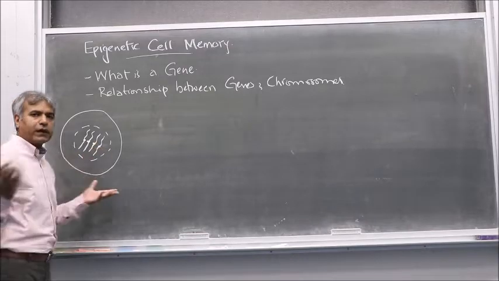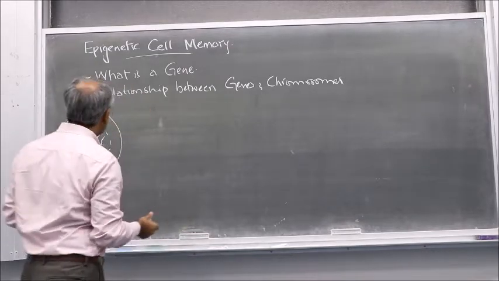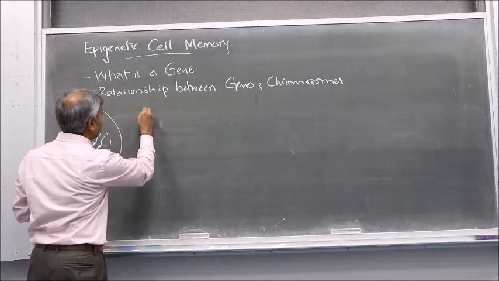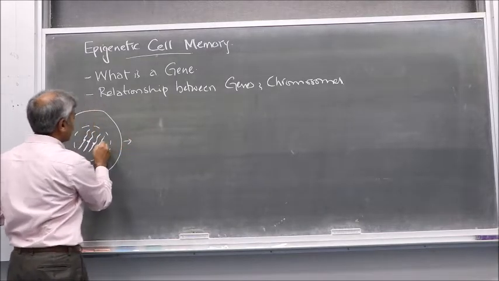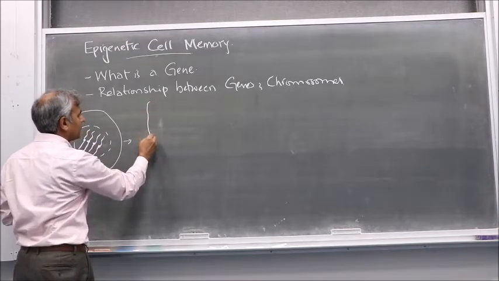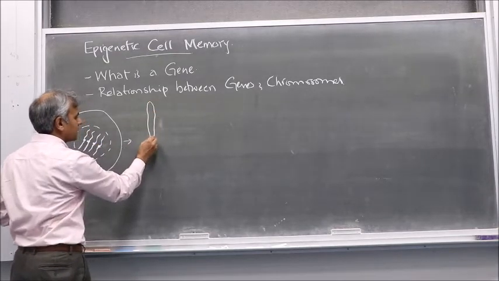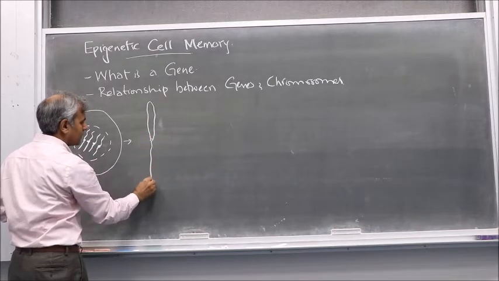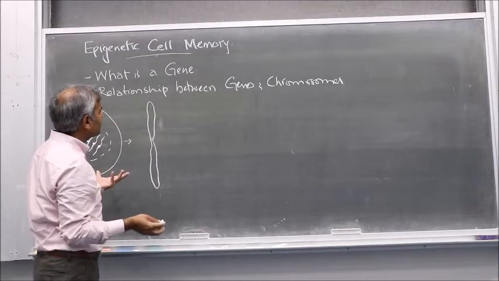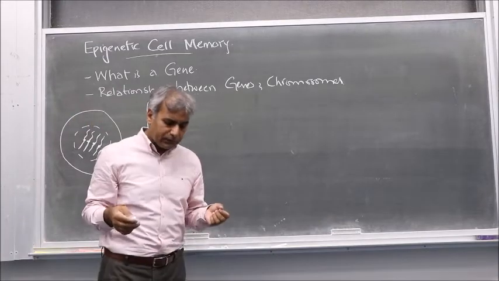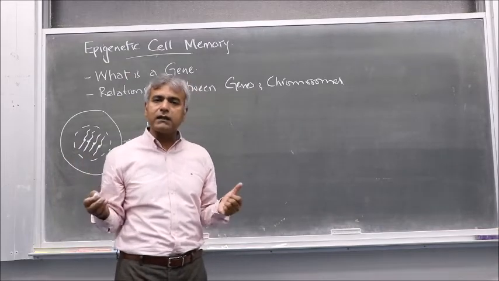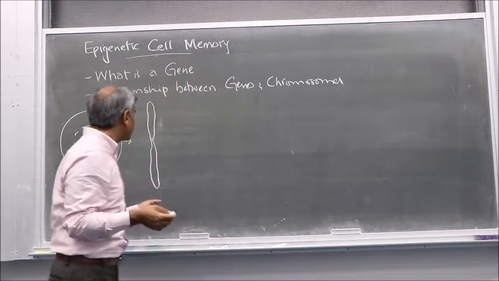Now, if I take just one chromosome and draw it for your understanding, the chromosome looks like this. It is this thread-like structure which harbors all the genes.